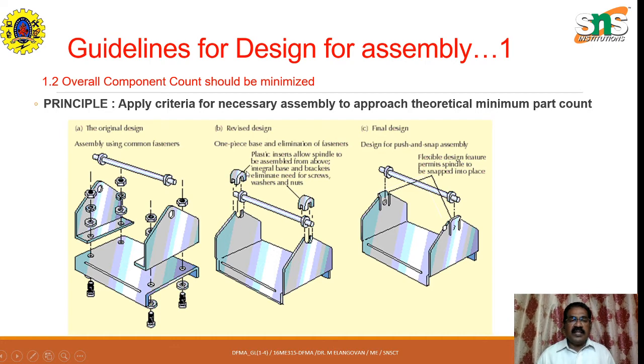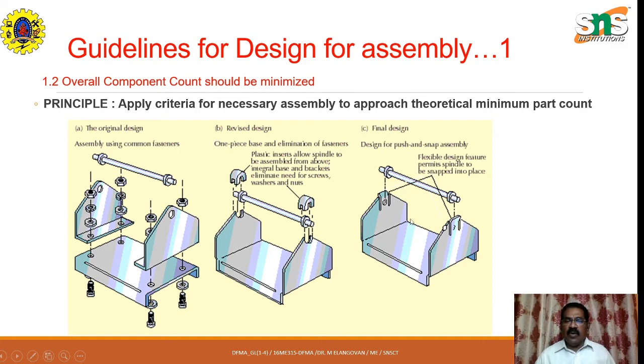What they had done is put a plastic insert here, so that the plastic material will hold the component tight when it sits inside. So they have eliminated these screws, these washers, and other parts. But the final design was this.